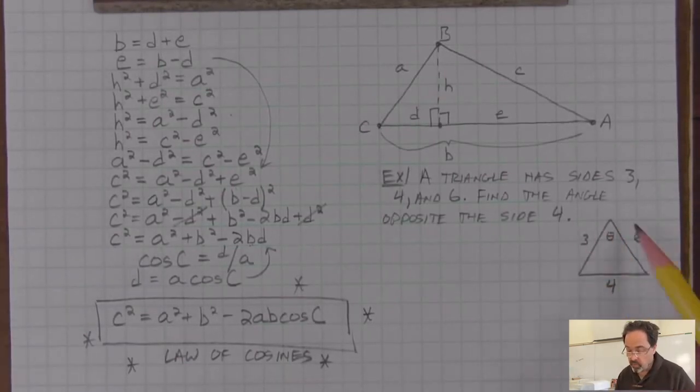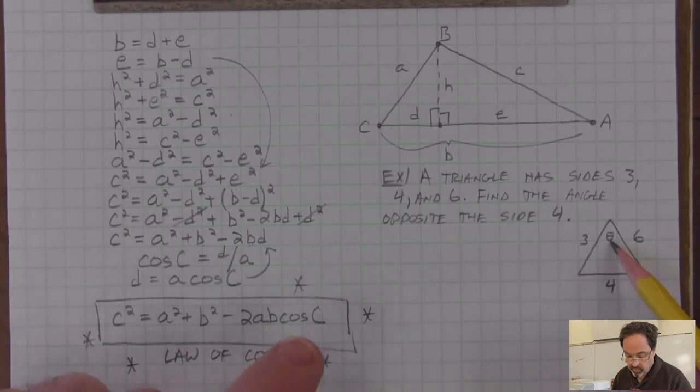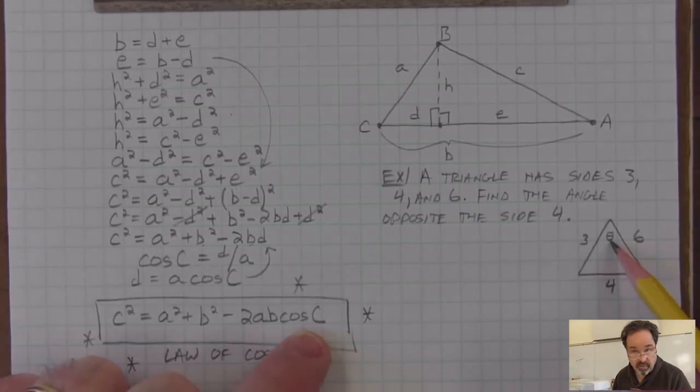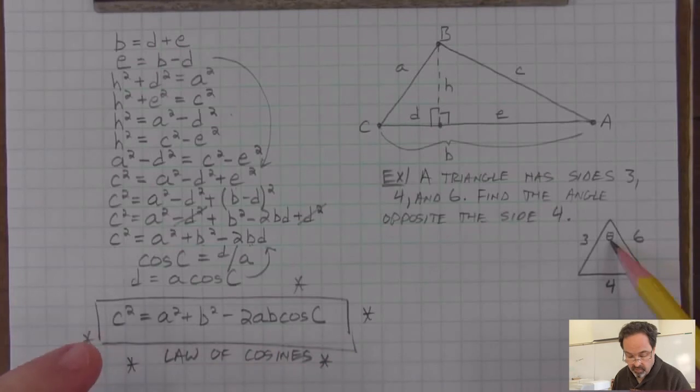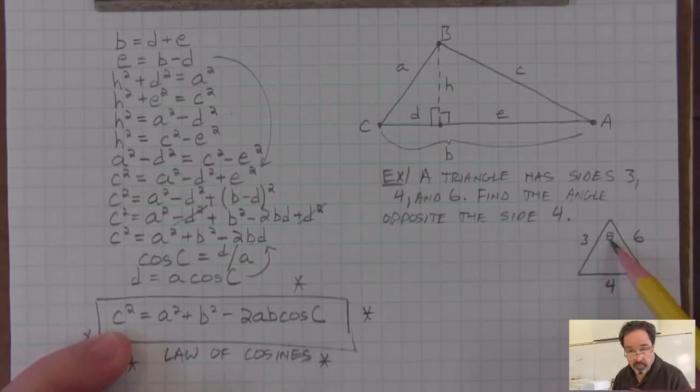So observing what sides and angles I have, the angle that is going to go into the cosine for C is theta, which means that the side C on the other side of the equation must be the side opposite it with a measure of 4.